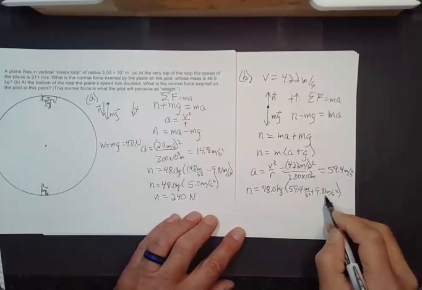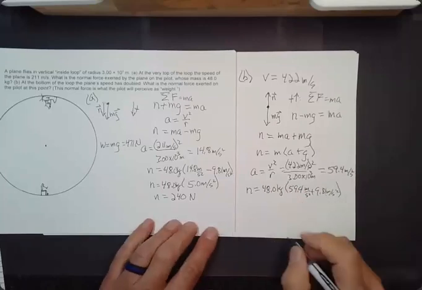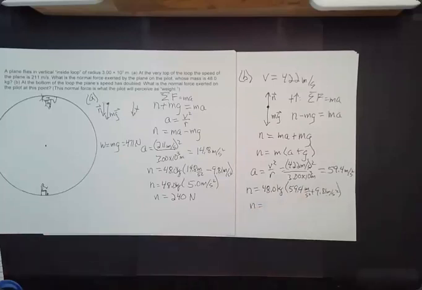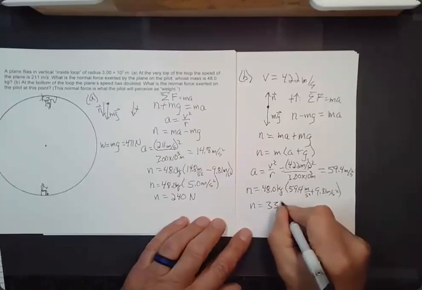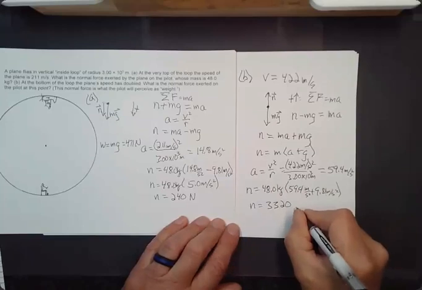And again, we're going to lose that one because we've only got precision to the nearest tenth here. And I get about 3,300 and yeah, I can keep three significant figures here.